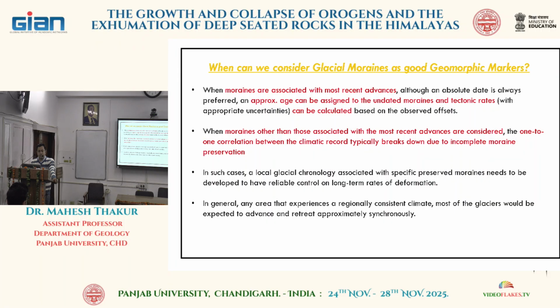We consider glacial moraines a good geomorphic marker when they are associated with the most recent advances. Although an absolute age is always preferred, an approximate age can be assigned to the undated moraines, and tectonic rates, with appropriate uncertainties, can be calculated based on the observed offsets.